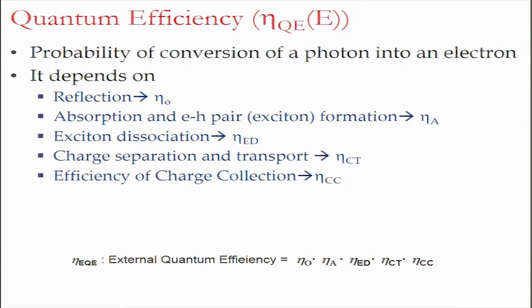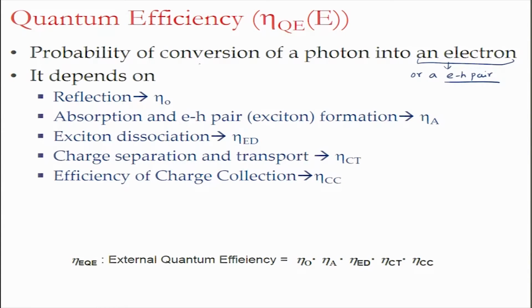So, there is, in the solar cell literature jargon, another term that will come into consideration, called quantum efficiency. Quantum efficiency is essentially the probability of conversion of a photon into an electron hole pair, which eventually gets separated and gives you an electron and a hole. So, it depends upon various factors.